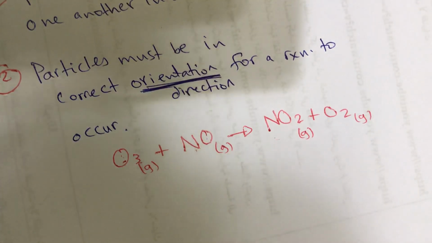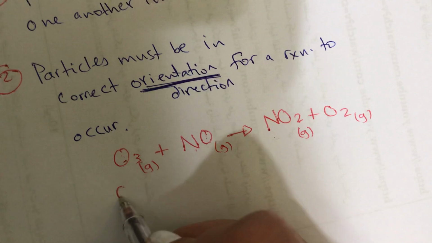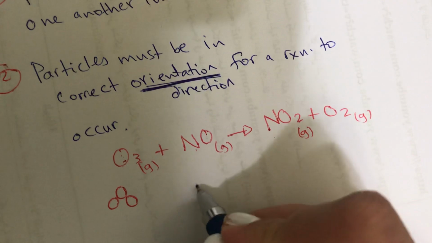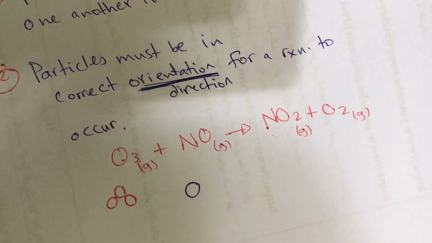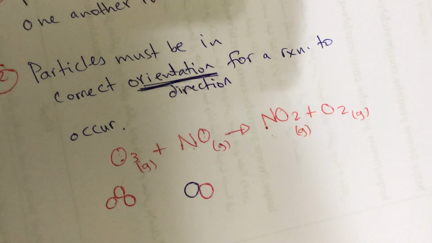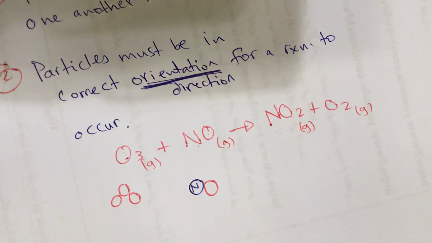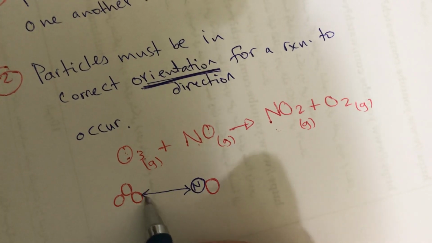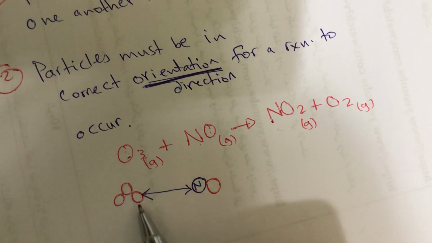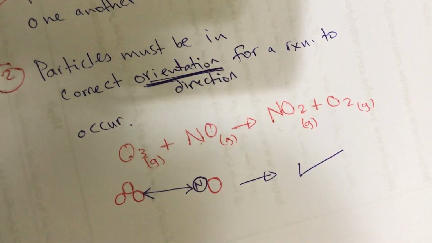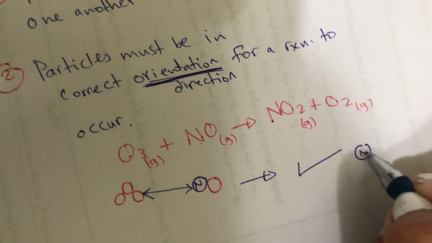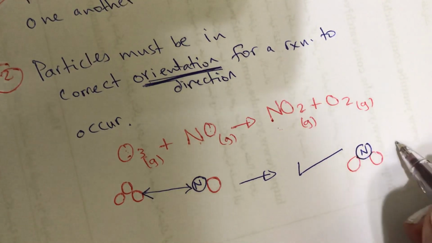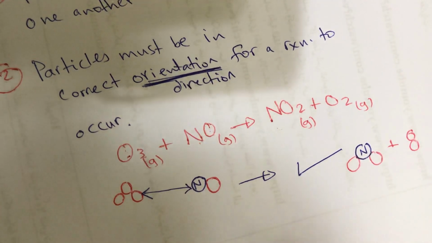Here is ozone, with 3 oxygen atoms, and here nitrogen monoxide, with nitrogen. If nitrogen collides with an oxygen atom in ozone, the reaction occurs: nitrogen dioxide is produced, and here oxygen gas.